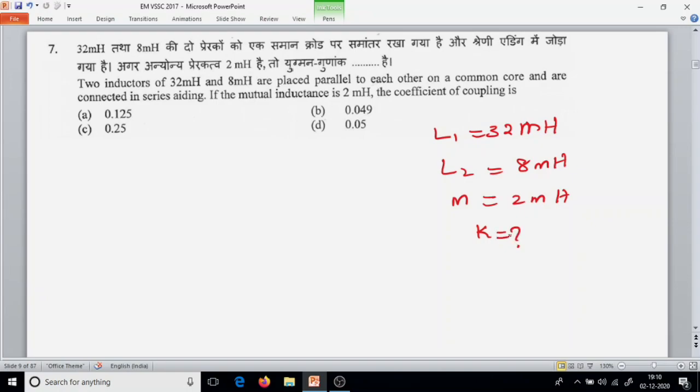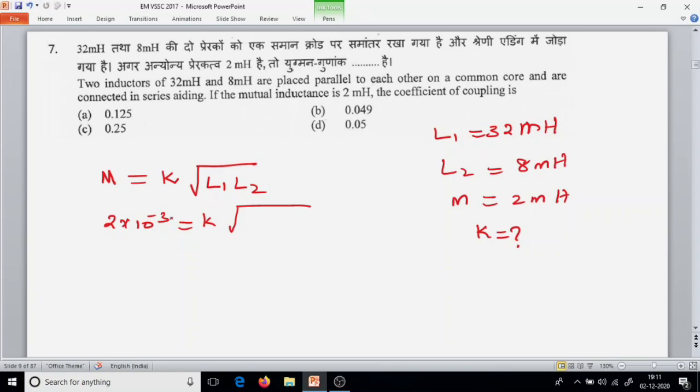K equal to find. Mutual inductance M is given by coupling factor multiplied by square root of L1 L2. Here M equal to 2 millihenry, 2 into 10 to the power minus 3. K we have to find. What is L1 L2?